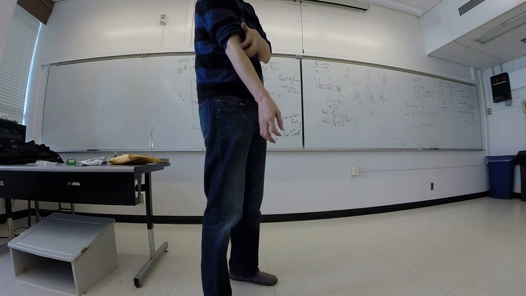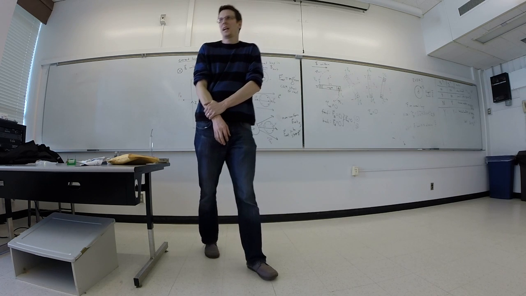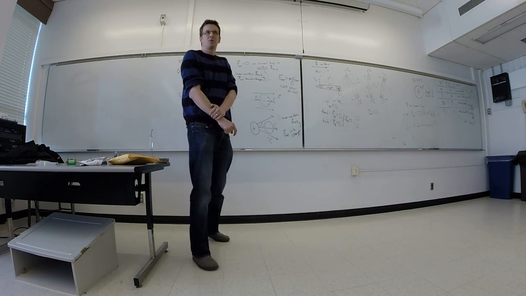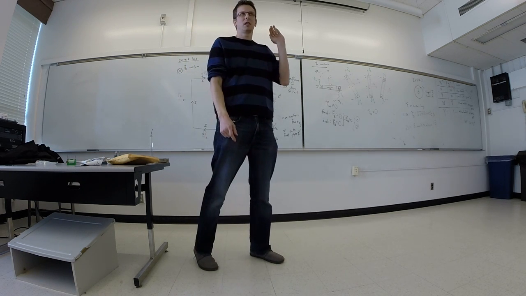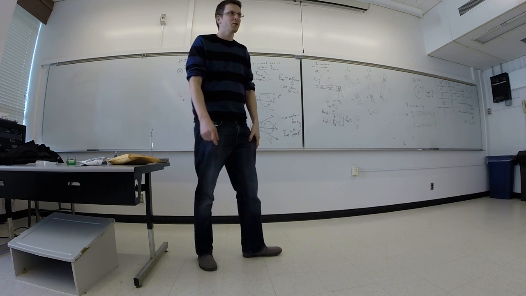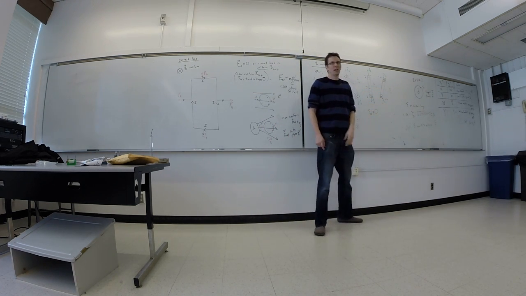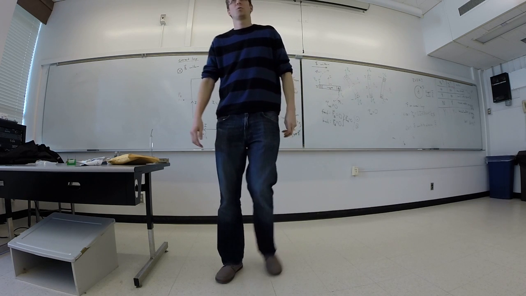So let me start with the direction. I just pointed that out. The torque is such that the normal vector wants to align with the magnetic field. That's the direction of the torque. The torque is 0 when they're actually aligned, but otherwise the torque is such that it would want to go there.